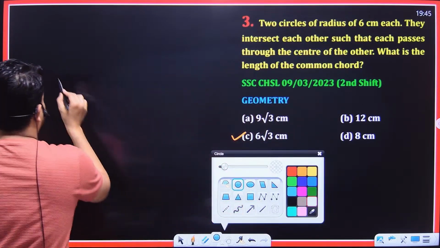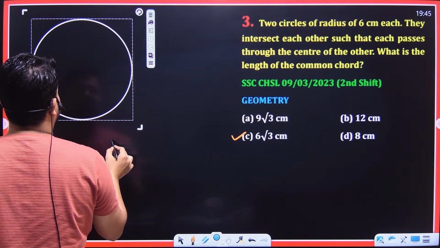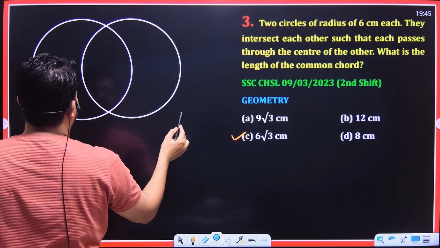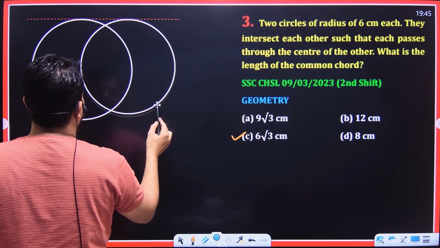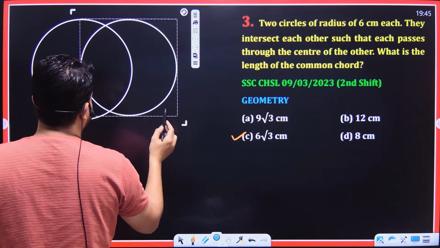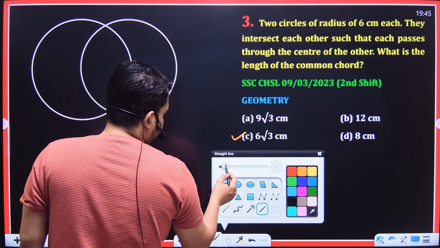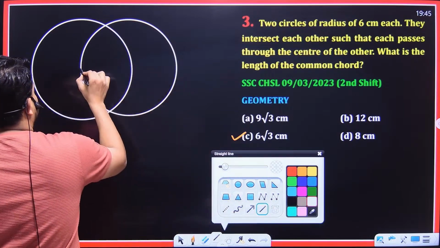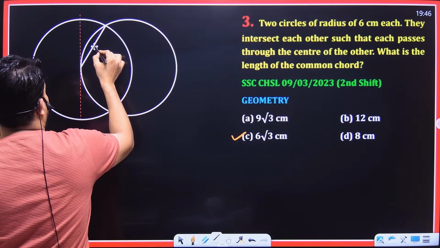Now I will show you. This one is my first circle, and this one is my second circle. These circles are passing through the center of each other. This one is the center of a circle, and this one is the radius of that circle.